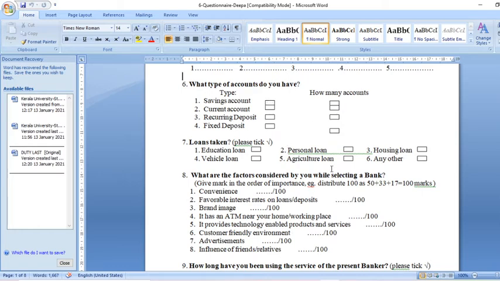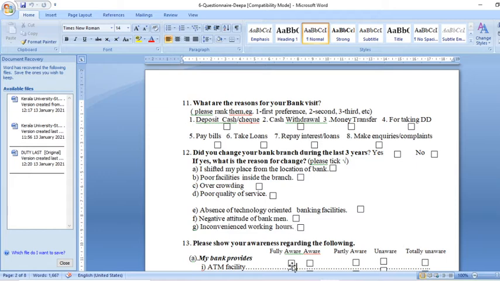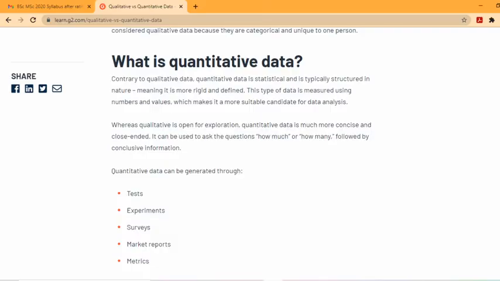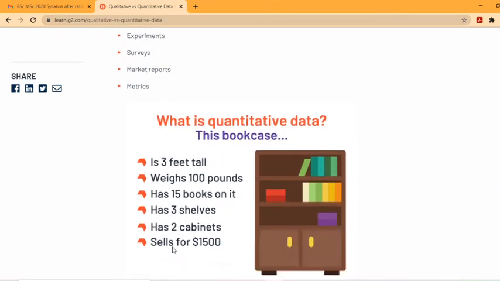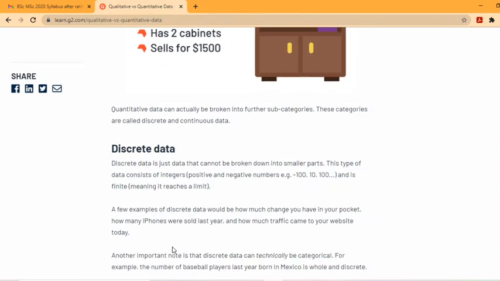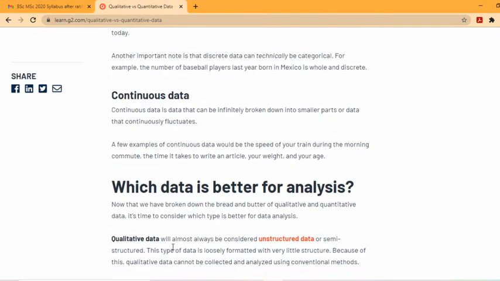If we tick here, we can give the number 1 or 2 or 3, 4, 5, etc. So we will get numerical data from the quantitative variables, marks, reports, matrices, etc. Continuous data.